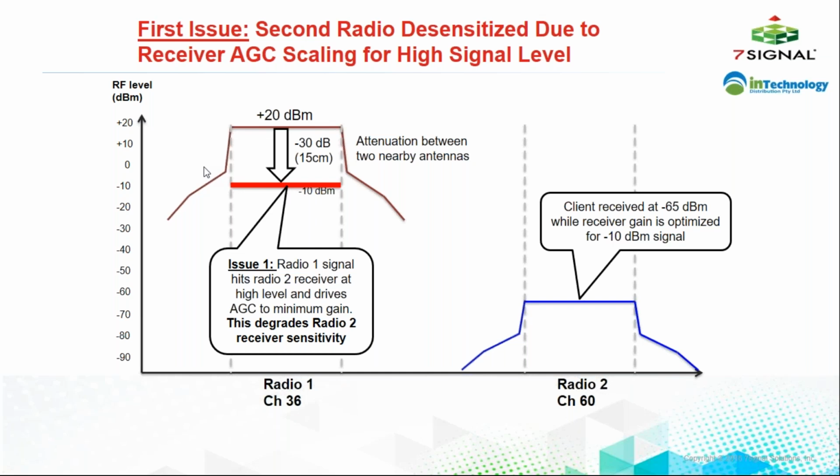It reduces the receiver sensitivity of that radio because we've raised the noise floor artificially. So we're not actually creating the best experience for our clients because we don't have the right signal strength.